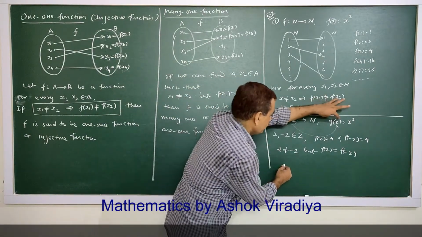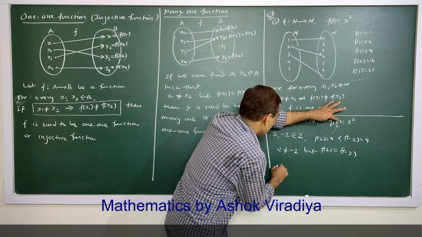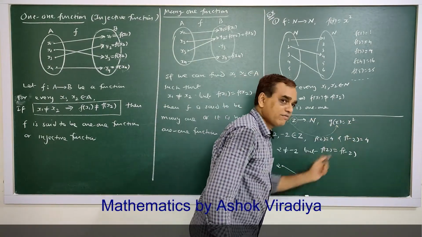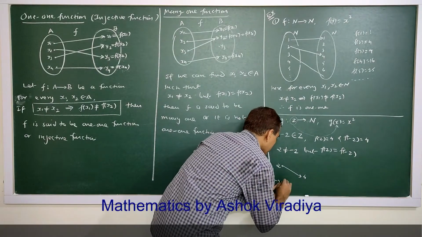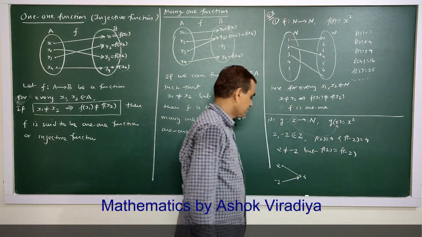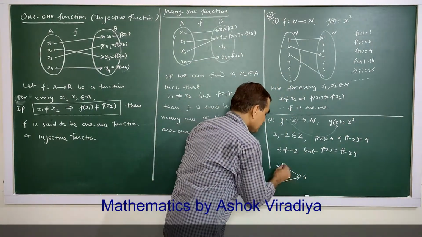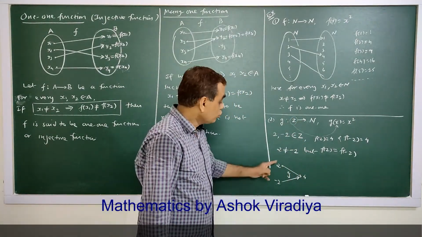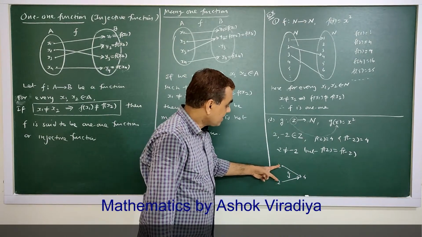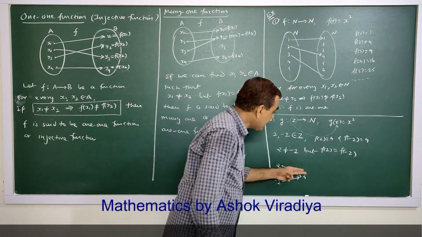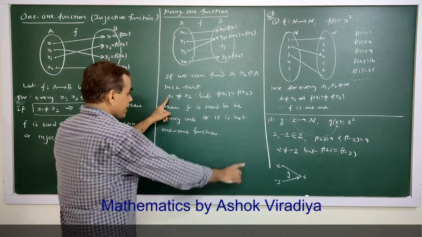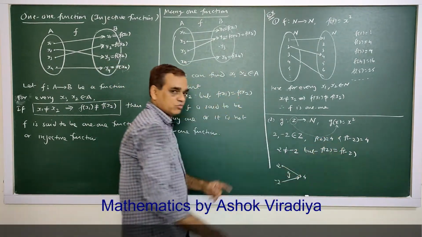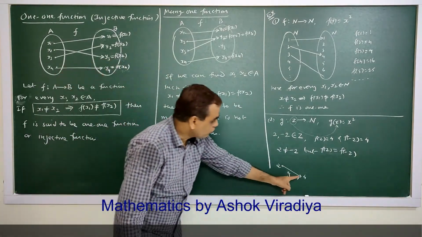Image of 2 is 2 square, 4. Image of -2 is also 4. So under g, g of 2 is 4, g of -2 is also 4. 2 is not equal to -2, but their images are the same, so it is many-one. x1 not equal to x2, but f(x1) equal to f(x2). Repetition of output.